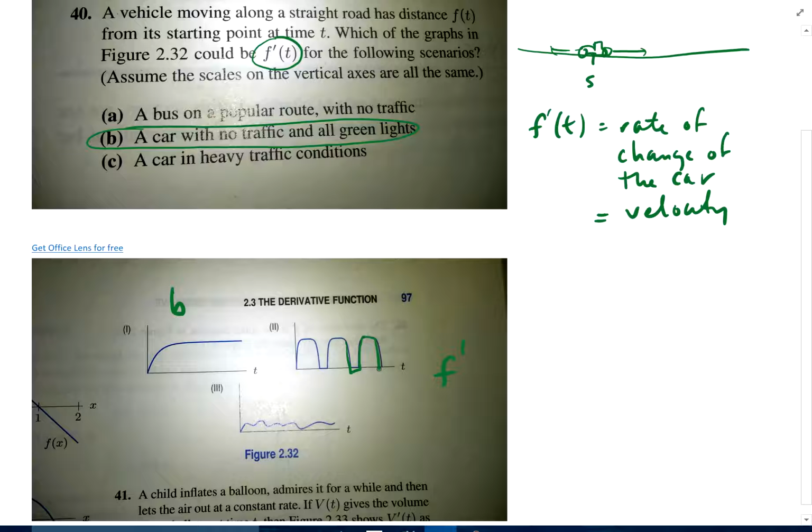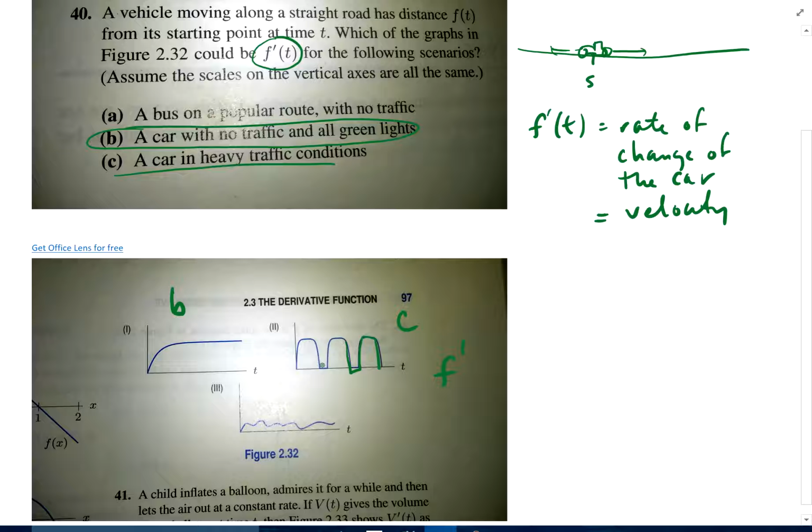So that's probably a car in heavy traffic conditions. I grew up in the Los Angeles area, Southern California, and that is definitely stop and go traffic. Last one, your speed is increasing, decreasing, increasing, decreasing, increasing, decreasing, and there you go. Look at this, a bus on a popular route with no traffic.